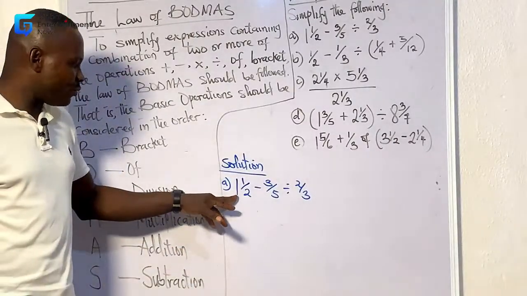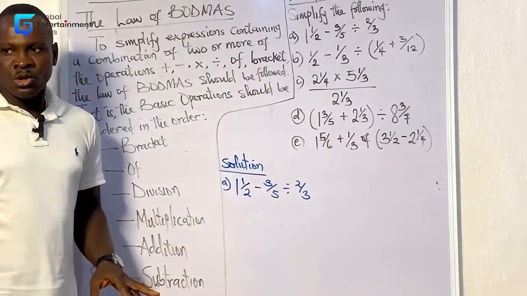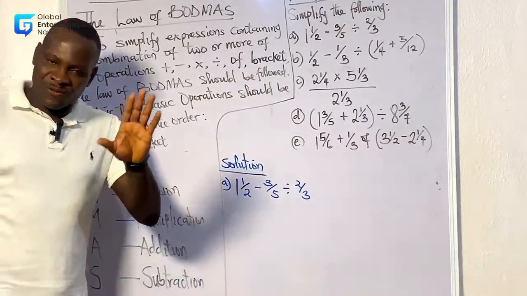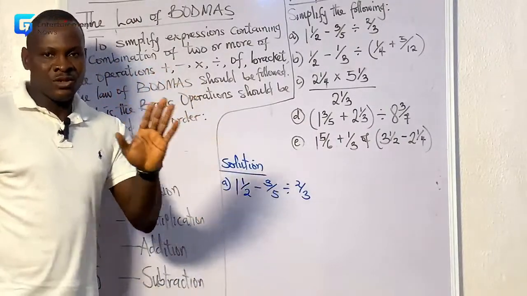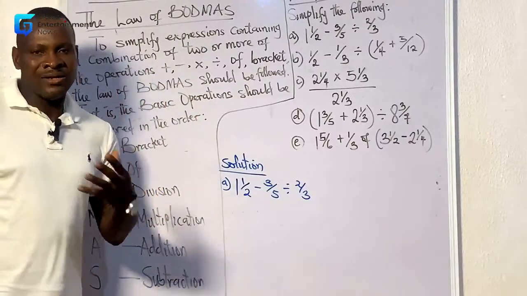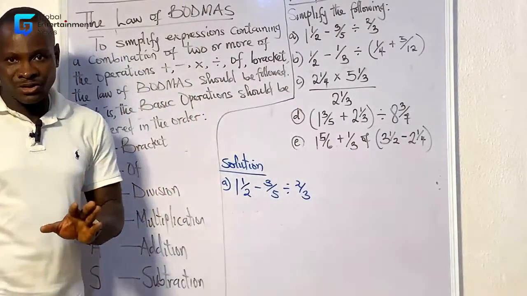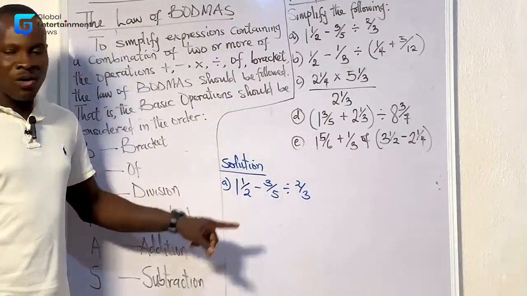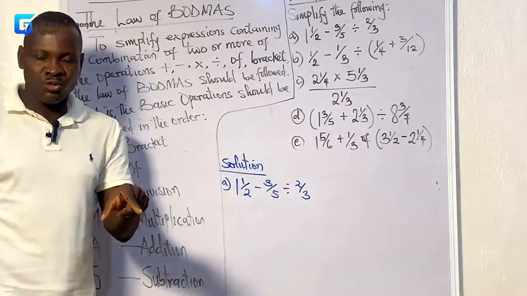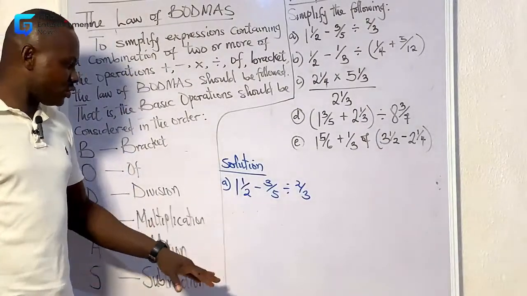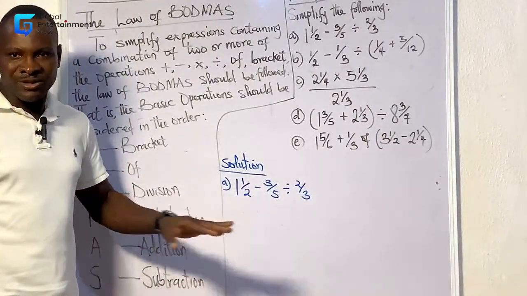So first and foremost, we are going to convert the mixed fraction to an improper fraction. If you remember very well, this was our last topic, because no operation can be solved with this mixed fraction.